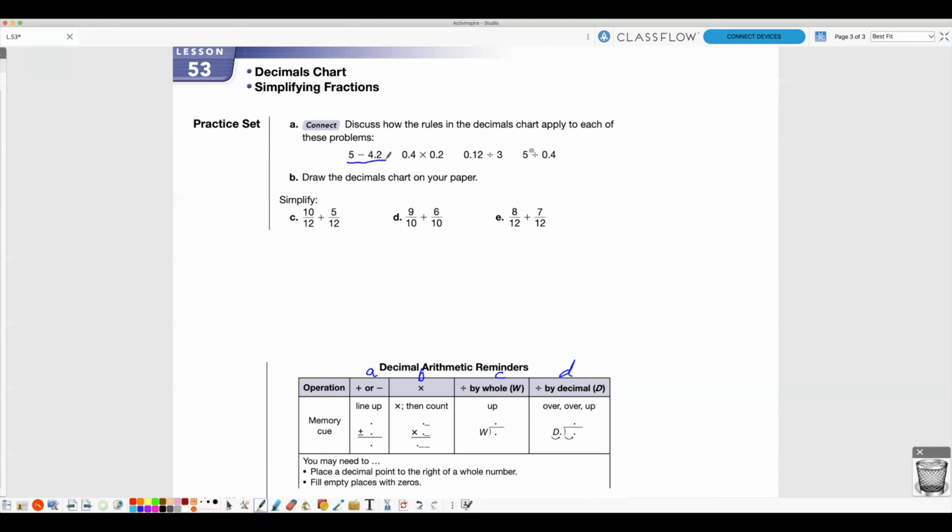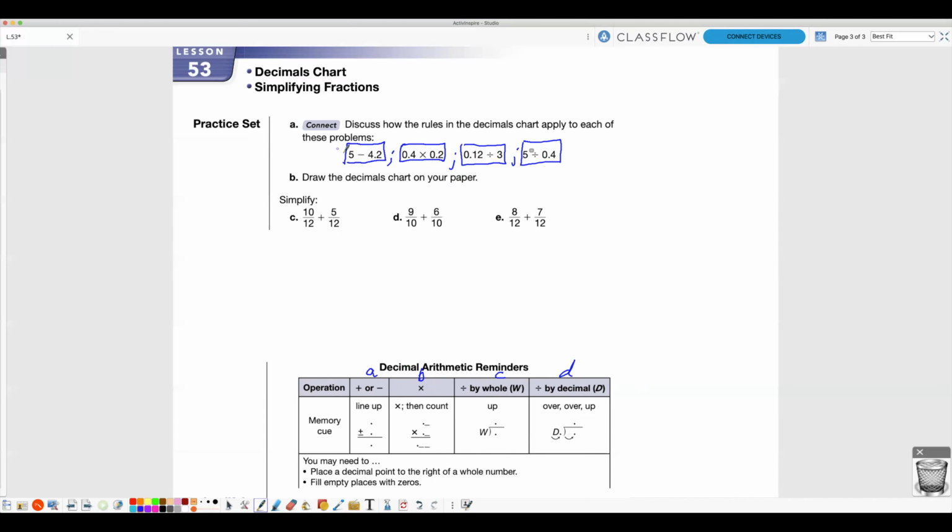So in this particular one, which of the rules or the reminders applies to this first part, and then put a semicolon between that, and then use A, B, C, or D to answer that, and then put a semicolon here, and then answer is it A, B, C, or D that would apply to that, and then another semicolon for this last problem, and decide is it A, B, C, or D.